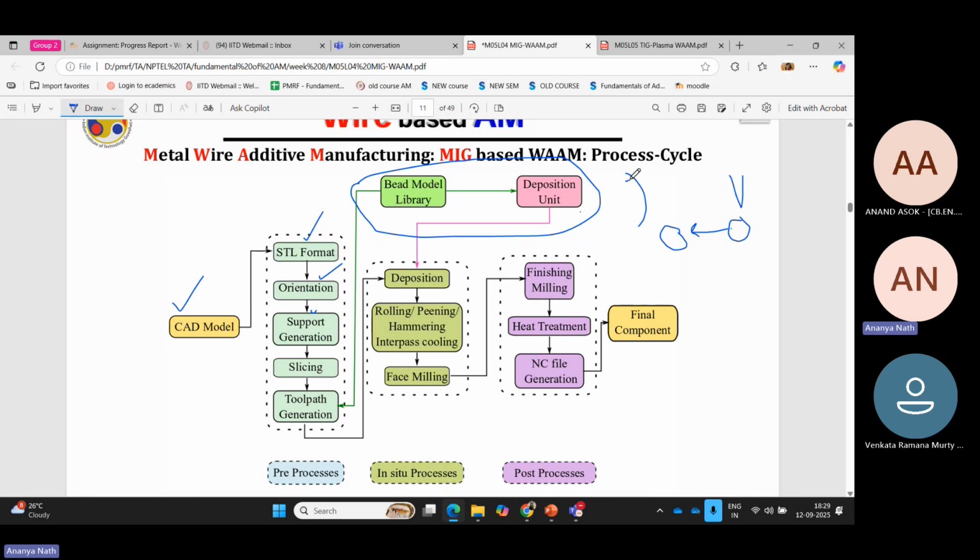Then there will be the tool magazine from which one tool will come down, set its position, and then start doing it, right? This whole process will take some time. It is not that fast because you are working in CNC. Both welding and milling are equipped in one CNC machine. Otherwise, it's not possible to do it for each layer or each 10 layers.